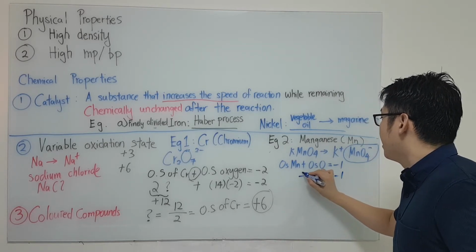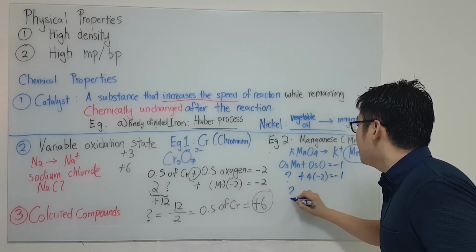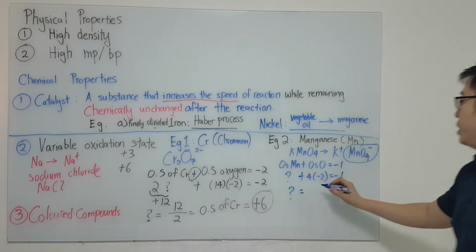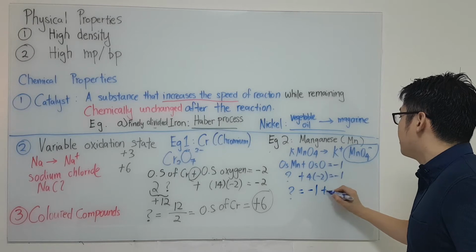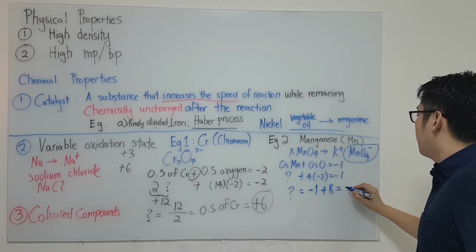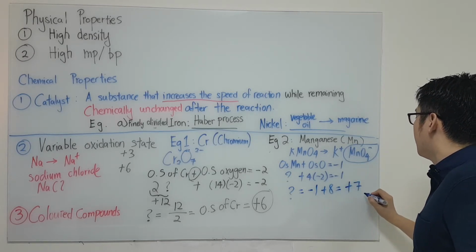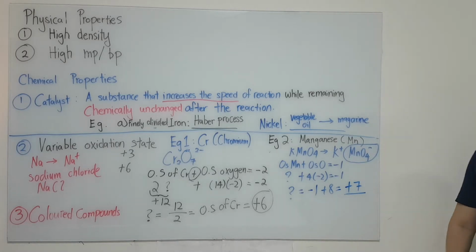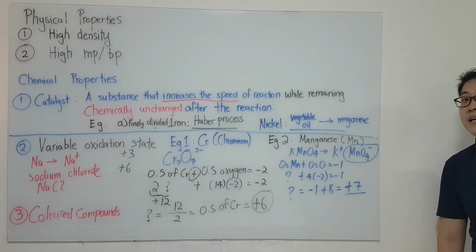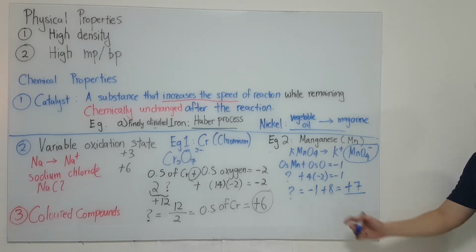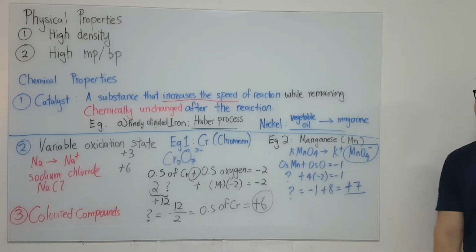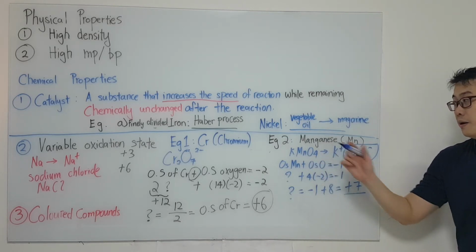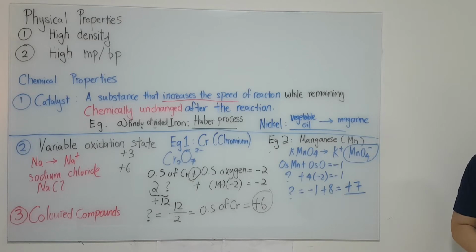That makes it such that your oxidation state of your manganese is actually -1 plus 8, which gives me +7. That, students, is the oxidation state of your manganese in your KMnO4.